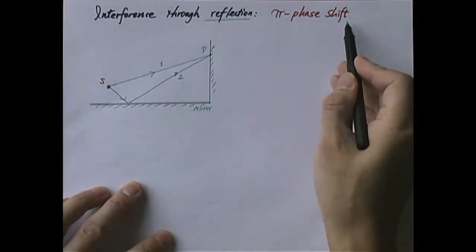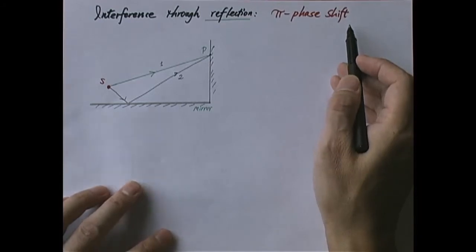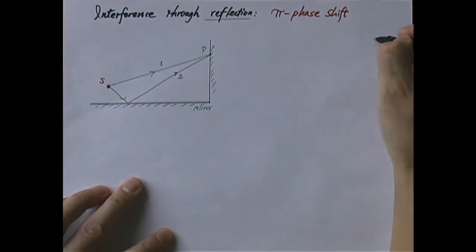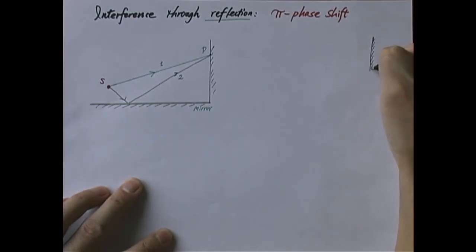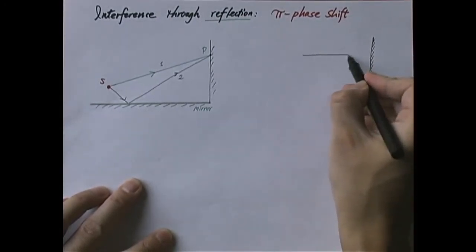This is called a pi phase shift. It doesn't always happen, but it sometimes does. Without solving Maxwell's equations, we cannot exactly understand where the pi phase shift comes from. But what I can do is give you a mechanical analogy.